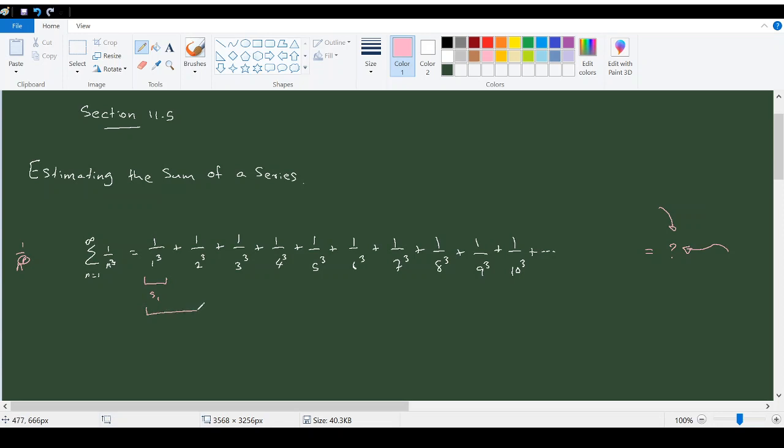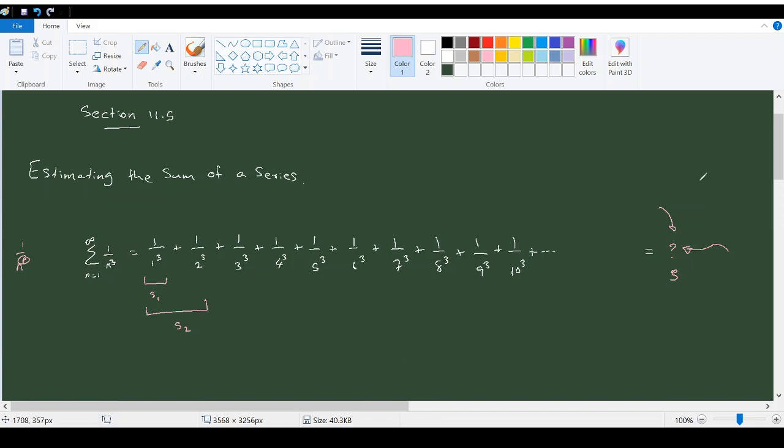And if you take the addition of the first two terms, it is a little bit closer to the exact answer than the previous one. Now we will denote this exact answer as S.